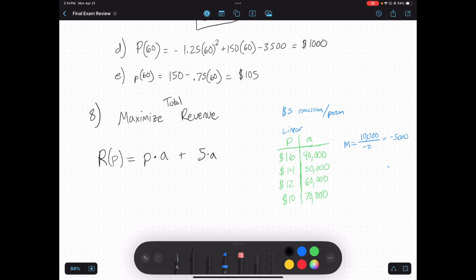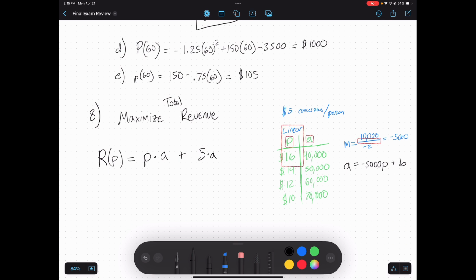Or you could use point slope form, if you remember point slope form. Or I could solve for what my y-intercept is. So I could say, okay, y is equal to negative 5,000 x. Oh, sorry. We're not working with y and x, are we? We're working with A and p. So A is equal to negative 5,000 p, right? Your slope times your independent variable, plus some y-intercept.